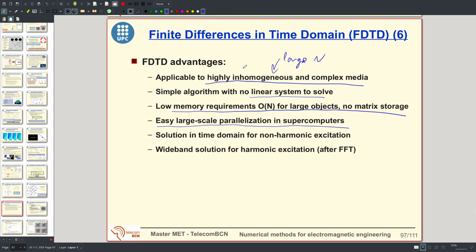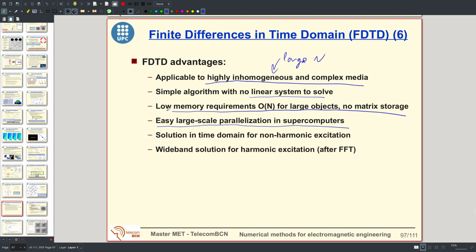But anyway, the resulting algorithm is easy to parallelize in supercomputers, because you can use a supercomputer having thousands of nodes, and the different nodes analyze different parts of the problem with a small amount of communication between nodes.